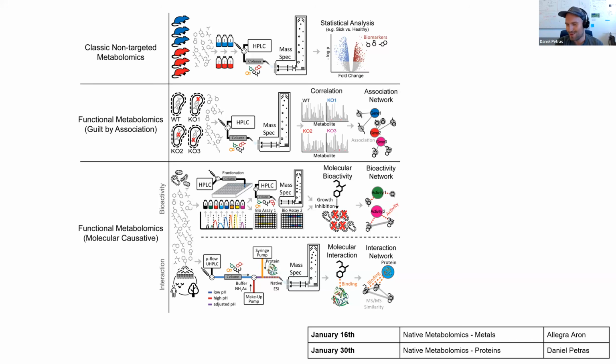So I'm looking forward to both Alegra's and my own seminar, where we'll talk a little bit more about native metabolomics. These are technologies that we developed together. Alegra is going to focus on metal-metabolite interactions in the realm of siderophores, and I am going to focus a little more on metabolite-protein interactions.